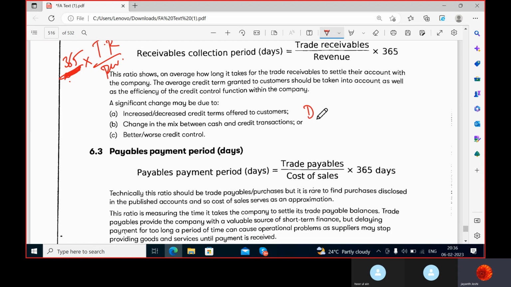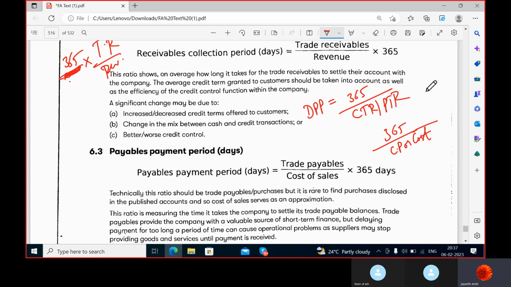So the debt payment period, the formula which I gave you was 365 days in a year divided by the creditors turnover ratio or payables turnover ratio. So the formula is 365 by credit purchases, or I can say cost of sales.